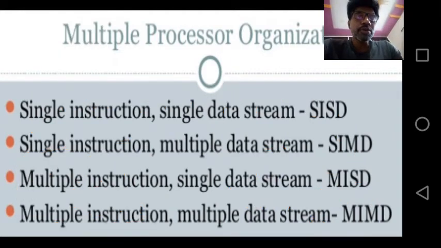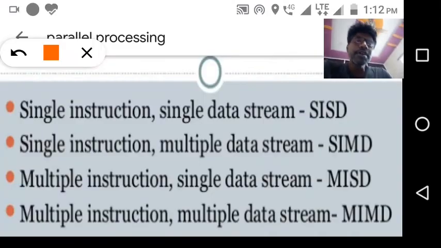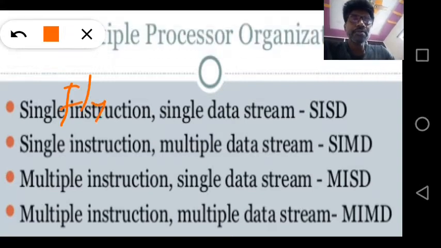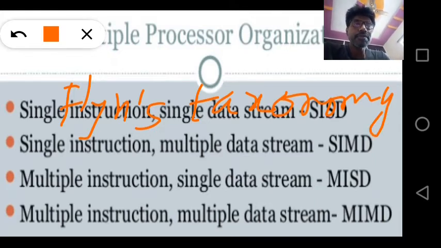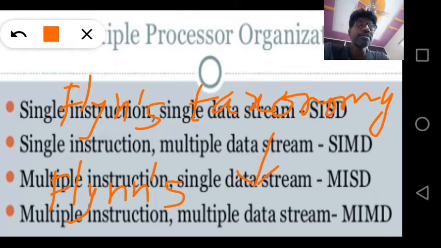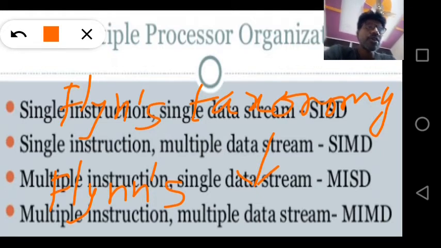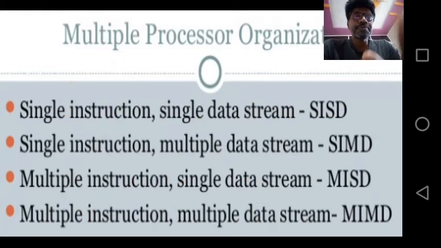And how are multiprocessors organized? There is a famous Flynn's taxonomy, or Flynn's classification, which divides how multiple processors are organized in a computer.